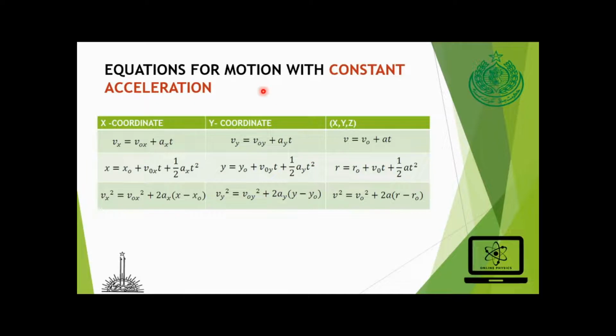Okay, equations for motion with constant acceleration. Keep in mind this is for constant acceleration, as we did in the previous chapter. So this is for the x coordinate, this is for the y coordinate, and this is for x, y, z. The x coordinate of the particle's position at any time is obtained from the x component, the y coordinate from the y component.